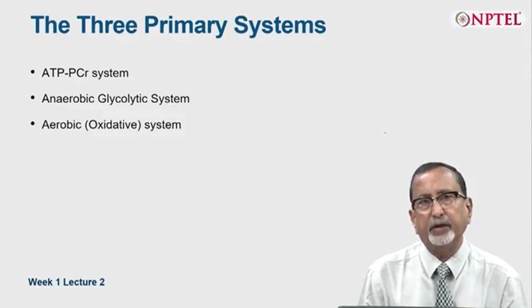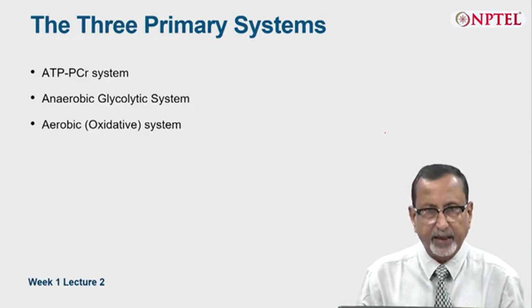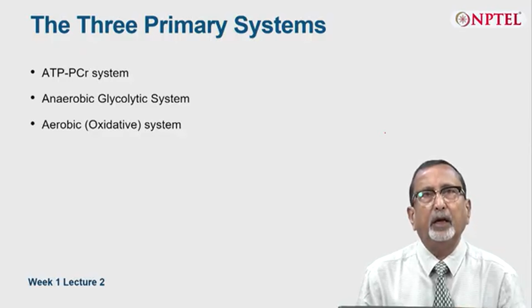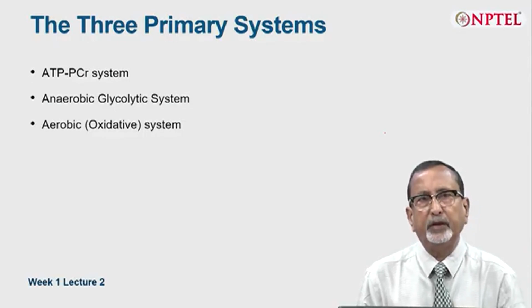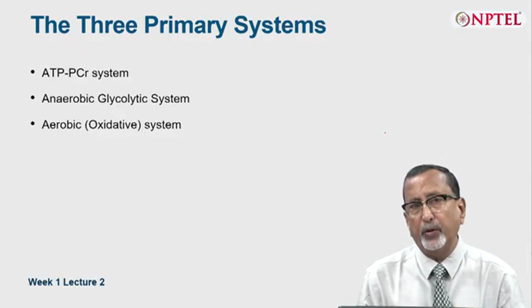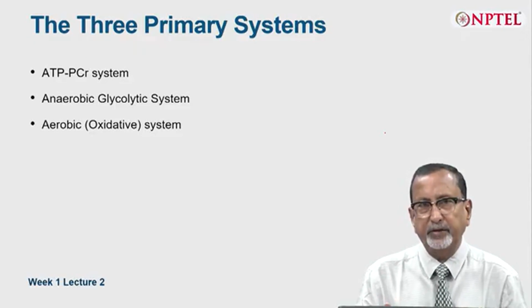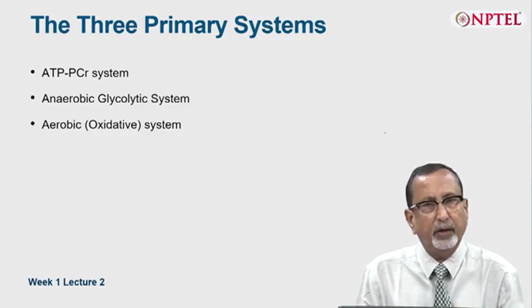The anaerobic glycolytic system follows, also known as the lactic acid system, with a peak duration of around 40 to 45 seconds. And then comes the aerobic system, the endurance system, the oxidative system. In coaching language, the ATP-CP is the sprint system, the anaerobic glycolytic system is the speed endurance system, and the aerobic oxidative system is called endurance.